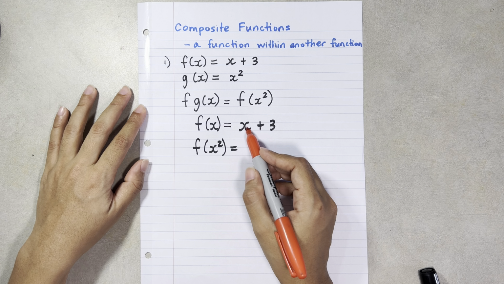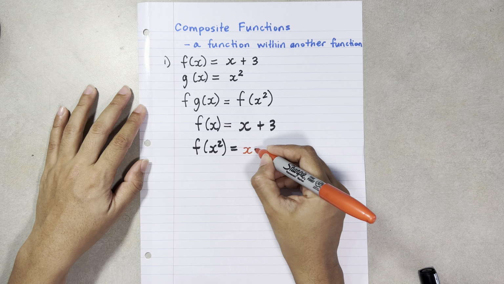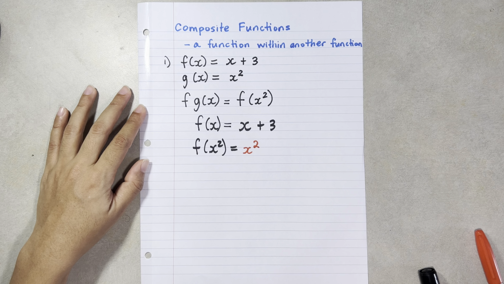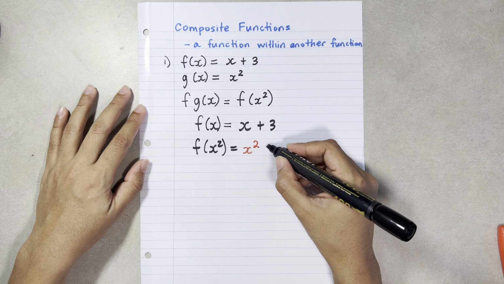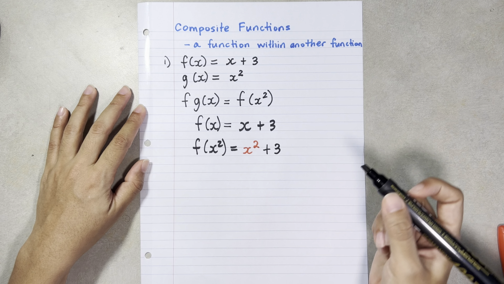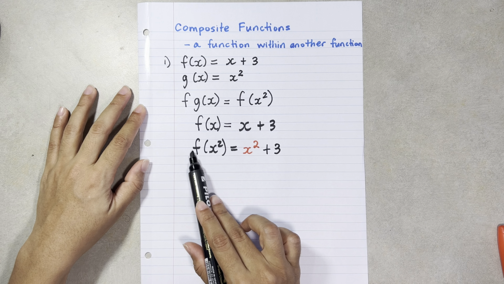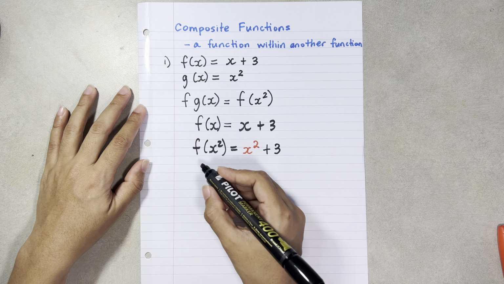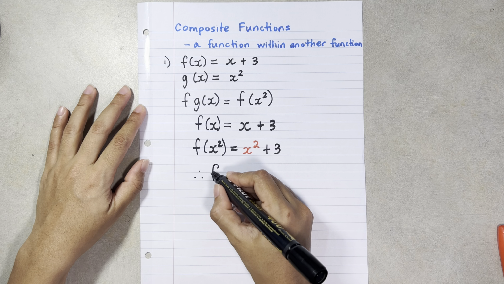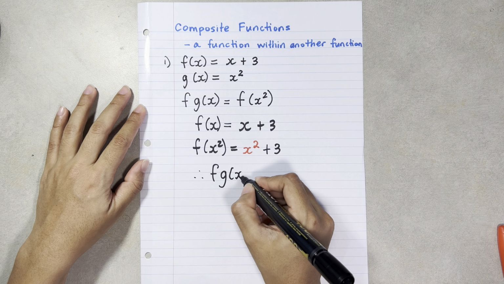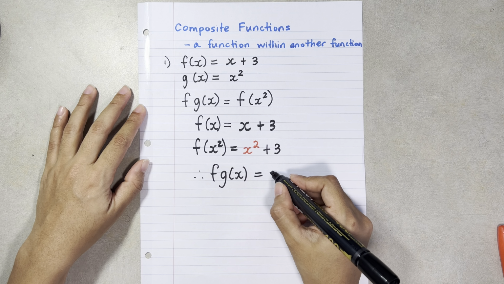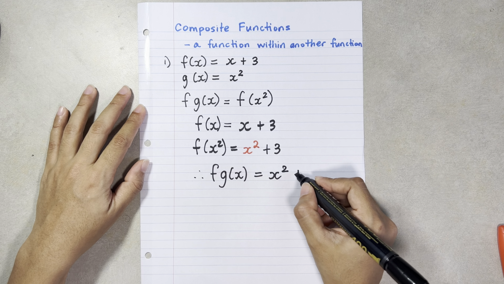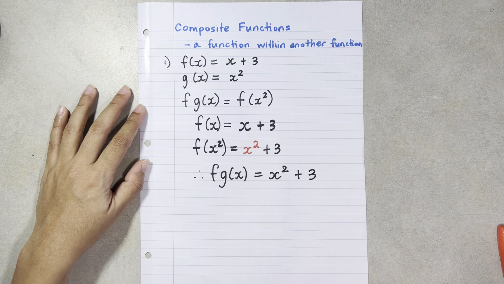So here I have x, I'm going to replace it with x squared. And then, well, I keep the 3 because that's still part of the function. And this is the function f of x squared. So therefore, f of g of x is equal to x squared plus 3.